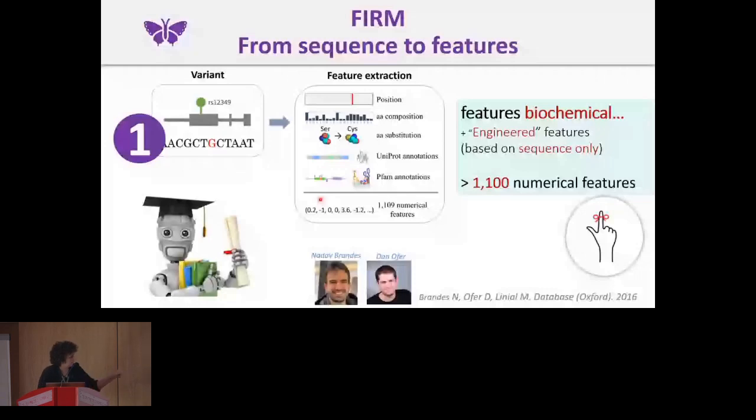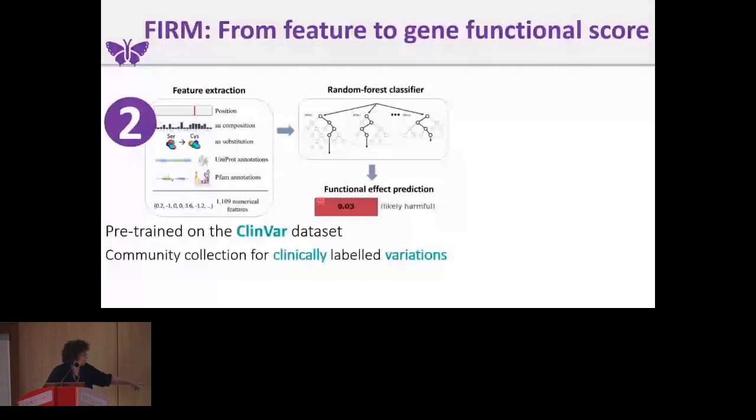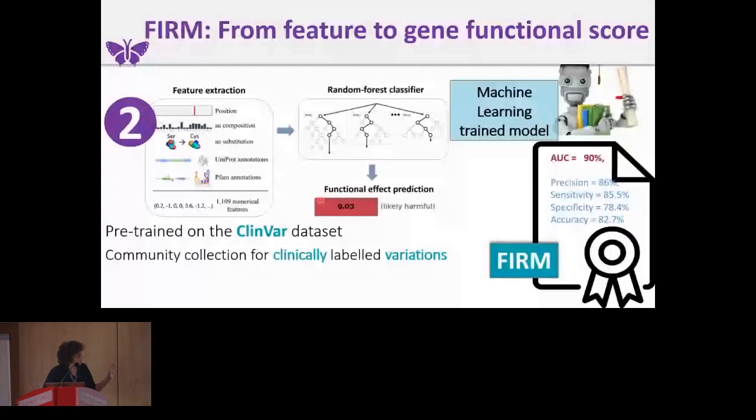Nadav was finishing a PhD, Dan is in a PhD in our lab. The second part, once you have the features, you do machine learning, and the machine learning was trained over ClinVar. ClinVar is the clinical resource, coming from the public community collection of clinically labeled variants, and we have this machine learning called FIRM, in which this is the performance of the machine learning, all good.